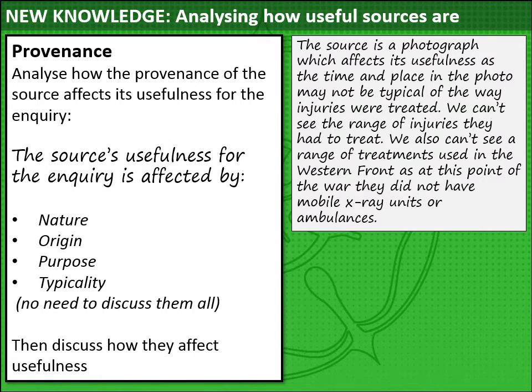Whereas our photograph suggests that they were much more basic. So it might not be completely typical of what was going on the Western Front at that time. So you can see we don't need to discuss every aspect of provenance. We just pick on the ones that stand out to us.